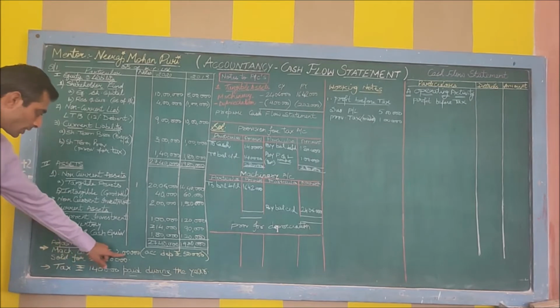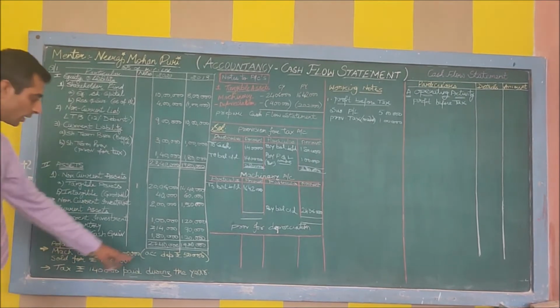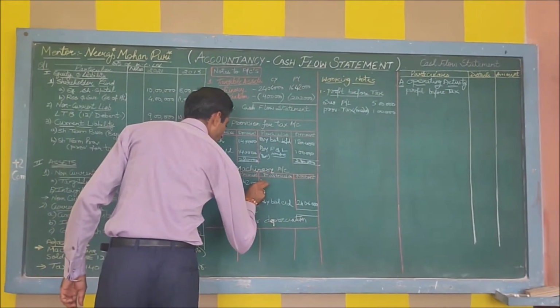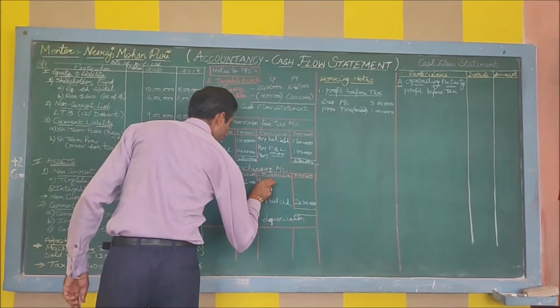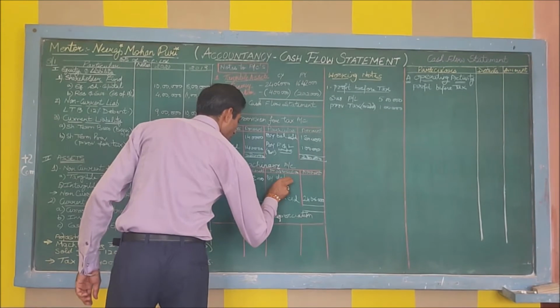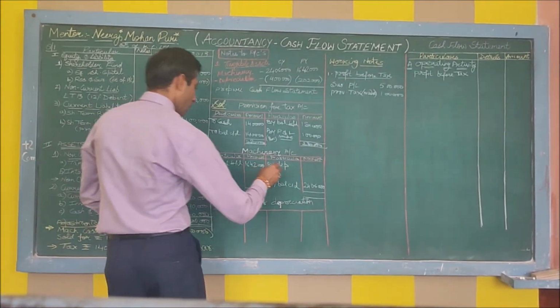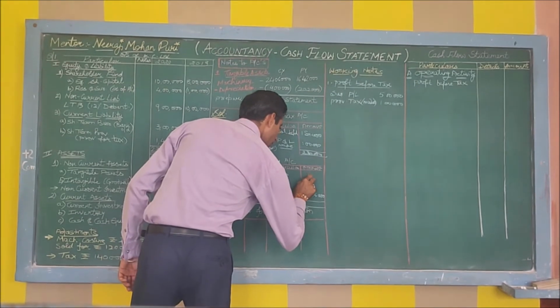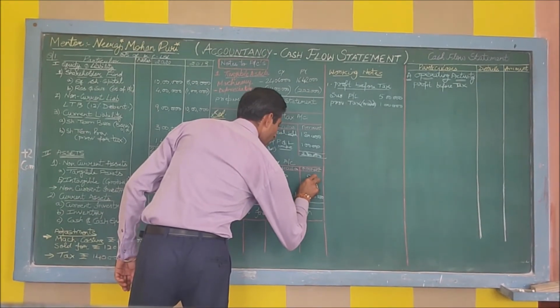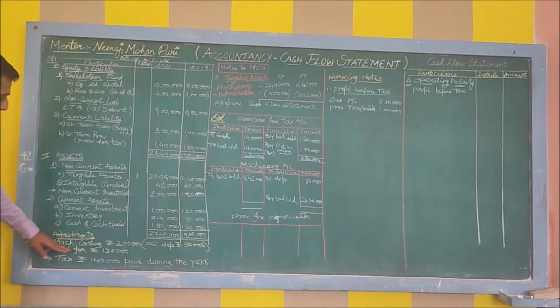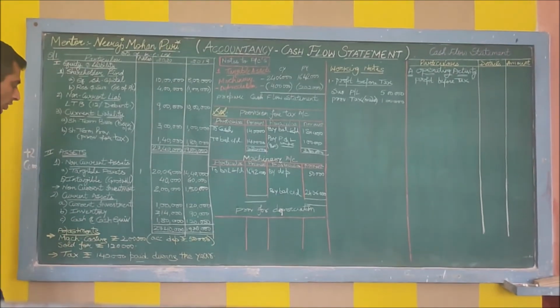Machinery costing rupees 2 lakh. Costing is not shown anywhere. Accumulated depreciation is 50,000. Depreciation is written on the credit side of the asset account with the title by depreciation. Depreciation amount is 50,000. Next, continuing the adjustment, sold for rupees 1,20,000.